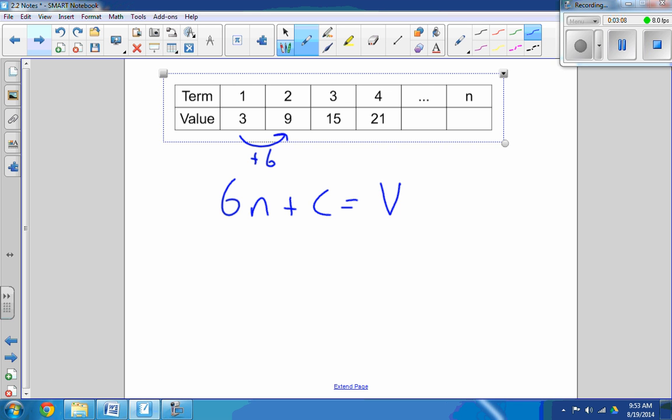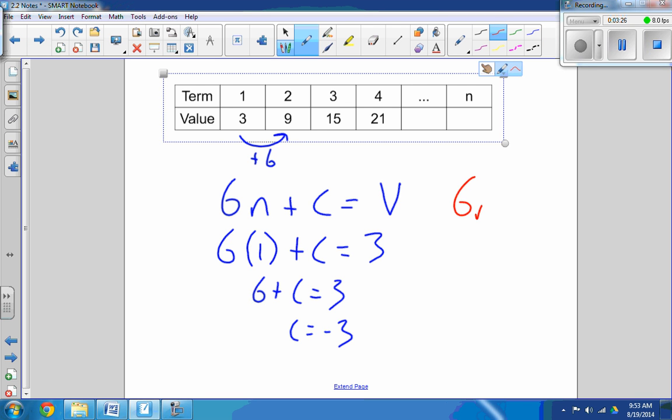So 6 times my term, my first term is 1, plus an unknown, equals my value, which was 3. So 6 plus c equals 3, so c is negative 3. This gave me my same equation, 6n minus 3.